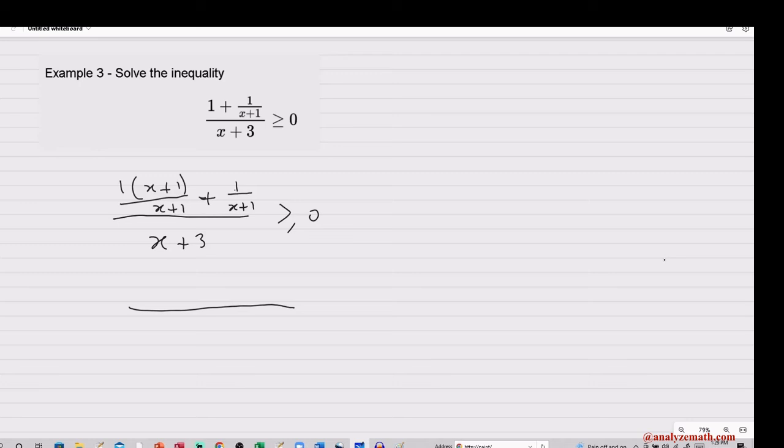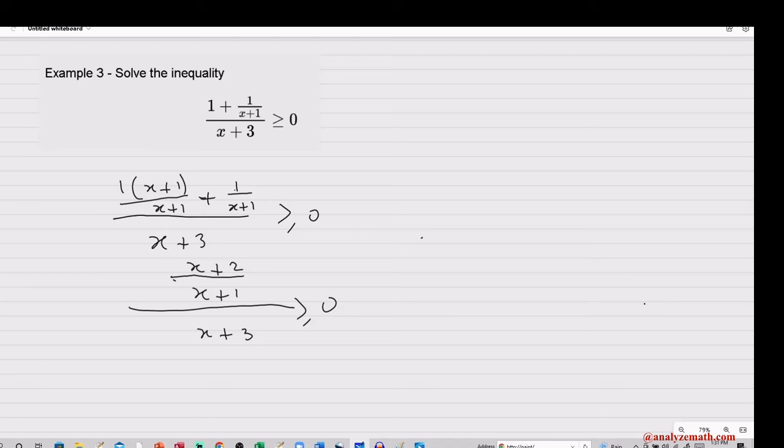So in the numerator, I have got two rational expressions. When I add them, the denominator is common. The numerator x plus 1 plus 1 gives me x plus 2. The denominator is x plus 3, bigger than or equal to 0.